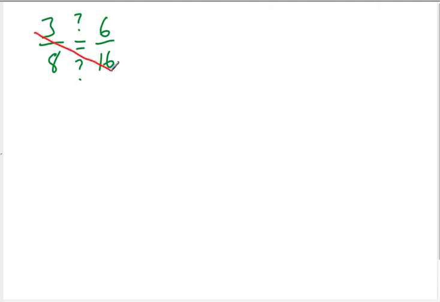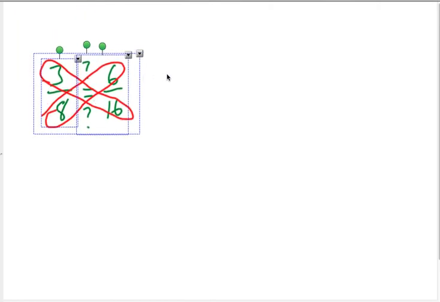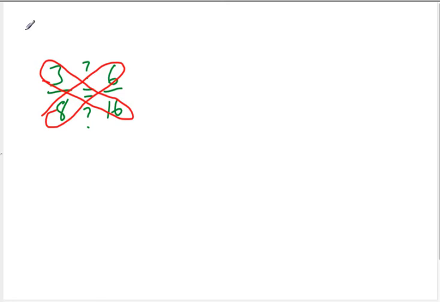So we're going to do 3 times 16 and 8 times 6. So 3 times 16, let me move this down a little bit, is 48, and 8 times 6 is also 48. So yes, these were equal.